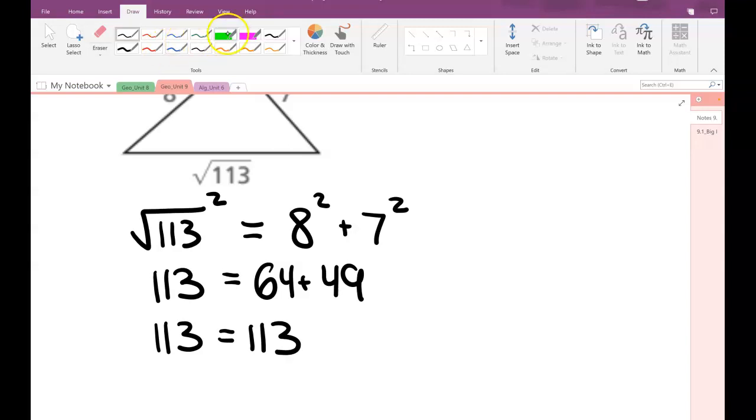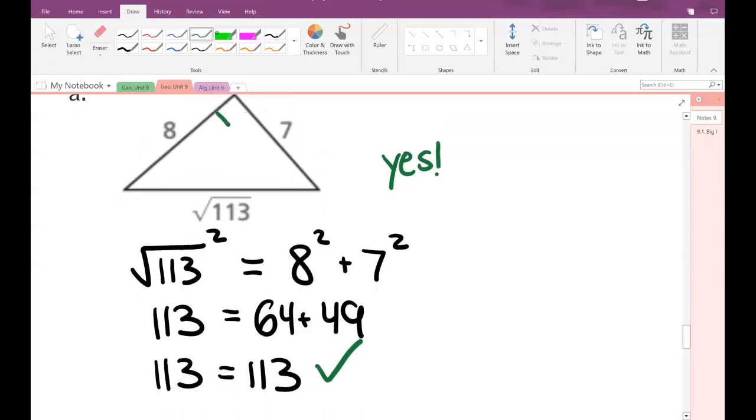So yes, using our converse, since c squared is equal to a squared plus b squared, we could say yes, this is a right triangle. And your right angle would be here, because that's opposite the hypotenuse.